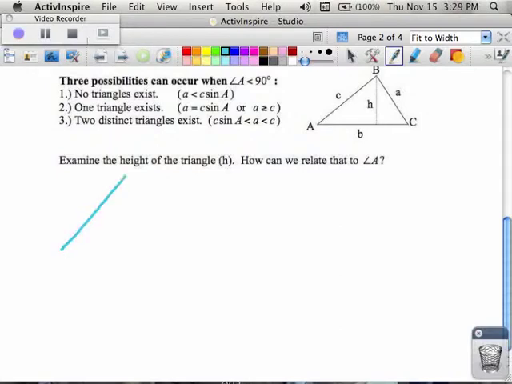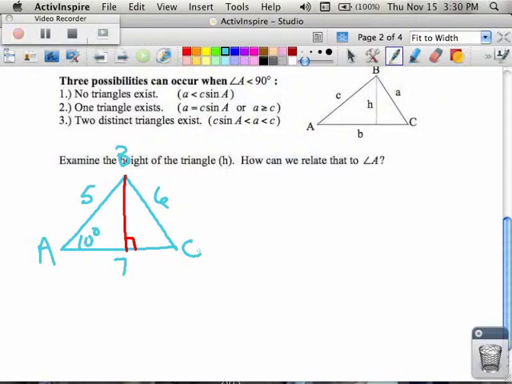Let's say I had a triangle like this, had a height, looks like this, and let's say that I told you that the triangle had the sides 5, 6, and 7, and had an angle of 10 degrees, and I called this angle A, and this could be a B, I suppose, and this could be the C.